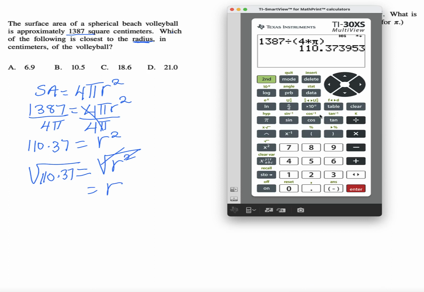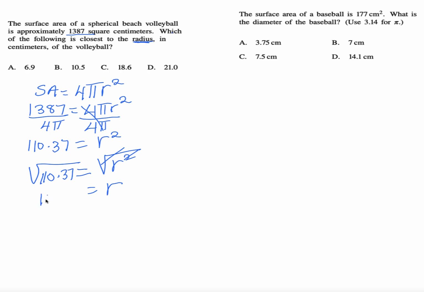So I'm going to go second function, x squared, and type in 110.37. Don't need all the numbers. Enter, and our answer is 10.50. You look at your answer choices, and your answer is B. Because you have r squared and you need r, you must take the square root.